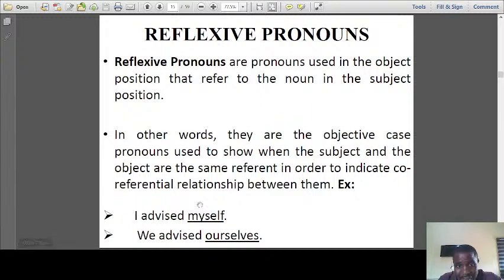And that type of pronoun is called reflexive pronouns. We have the singular ending in self and the plural ending in selves: himself, myself, ourselves, themselves, etc.